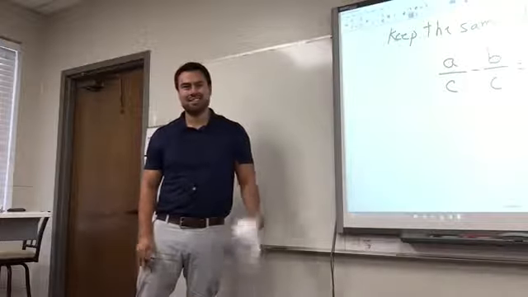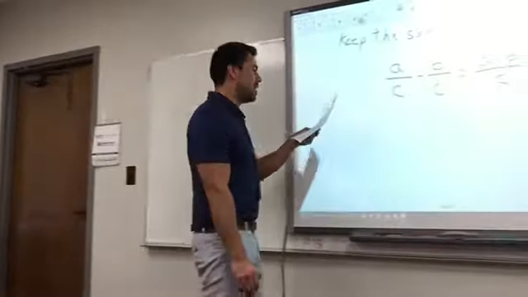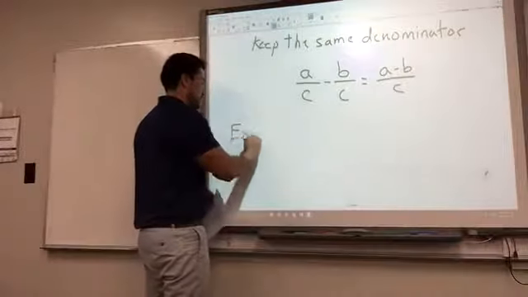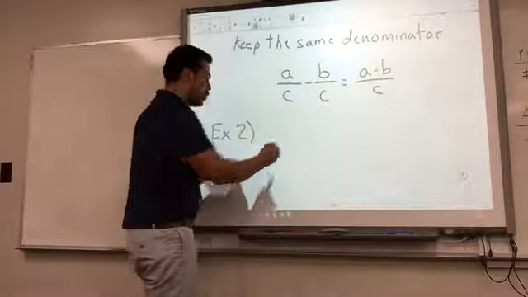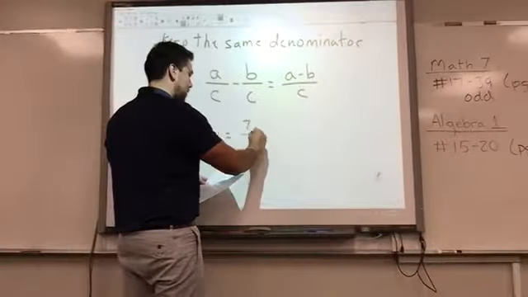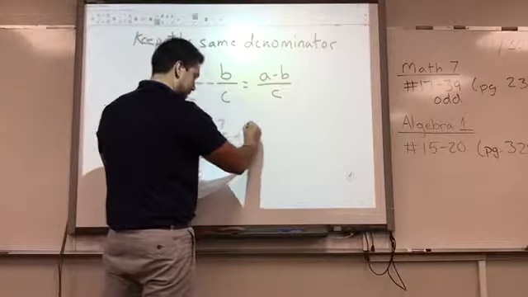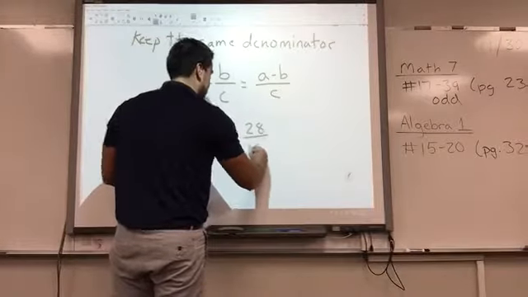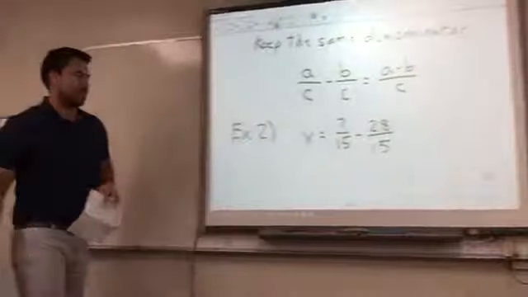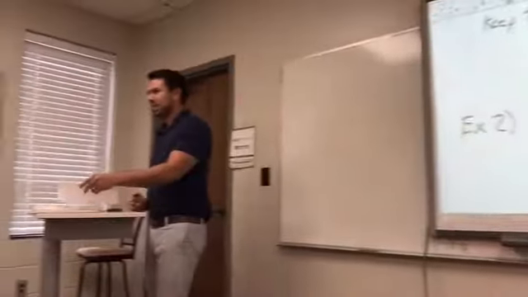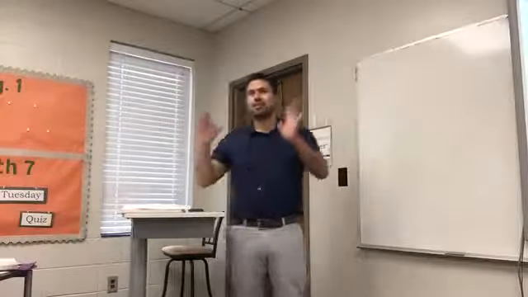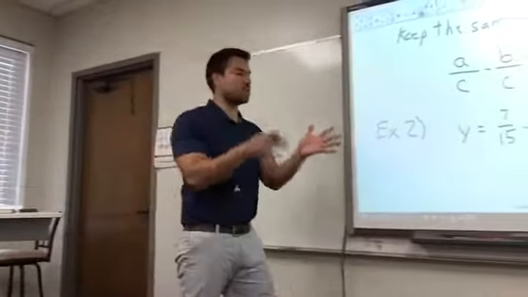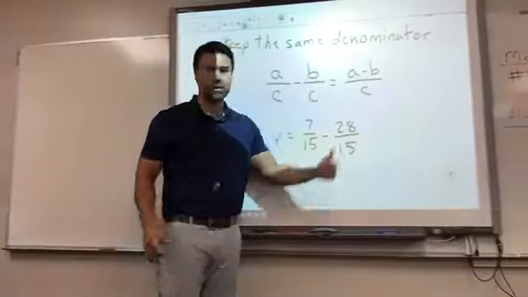Okay. All right. Let's look at example 2 now. And this one is y equals 7/15 minus 28/15. This is similar to those decimals. All right, you have 7/15 minus 28/15.